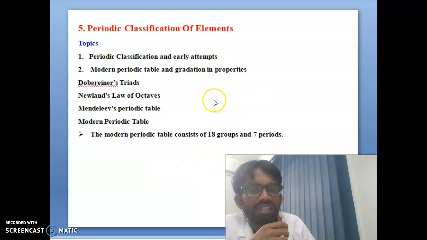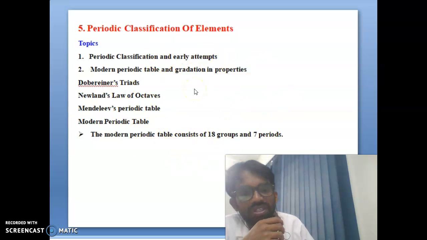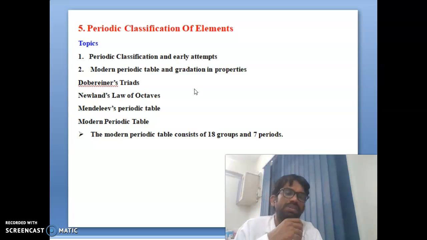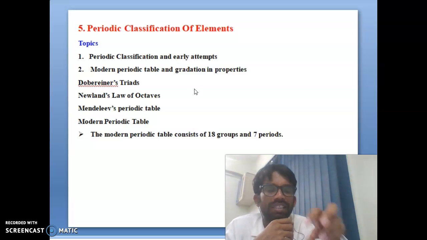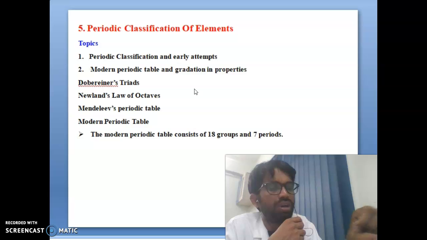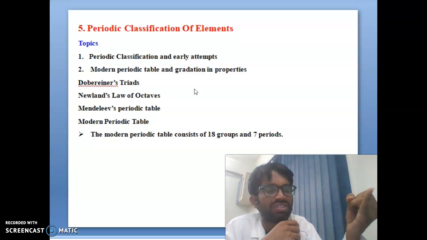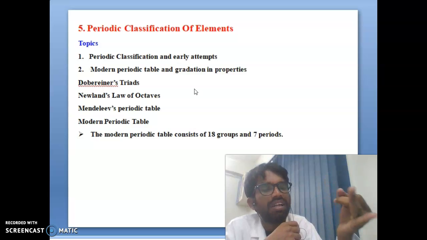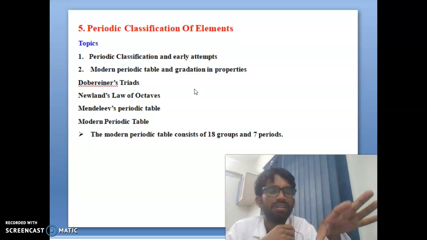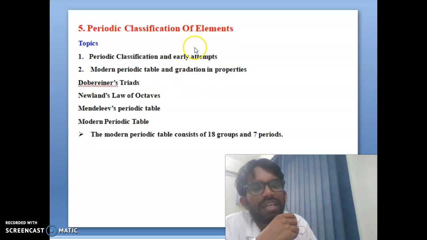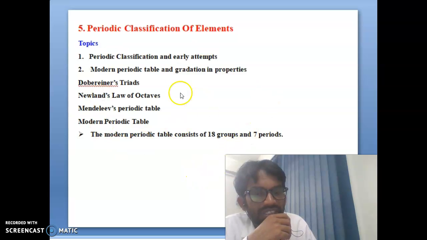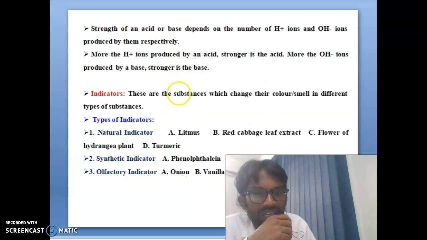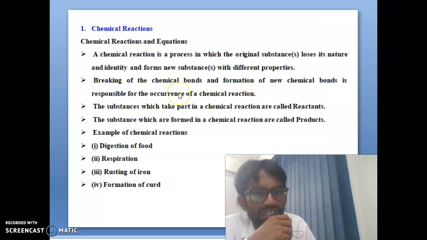Today we talked briefly about the 10th class state syllabus and CBSE chemistry, mainly five topics. First is chemical reactions, second acids, bases and salts, third metals and non-metals, fourth carbon and its compounds, and fifth periodic classification of elements. Here I will show you the syllabus.